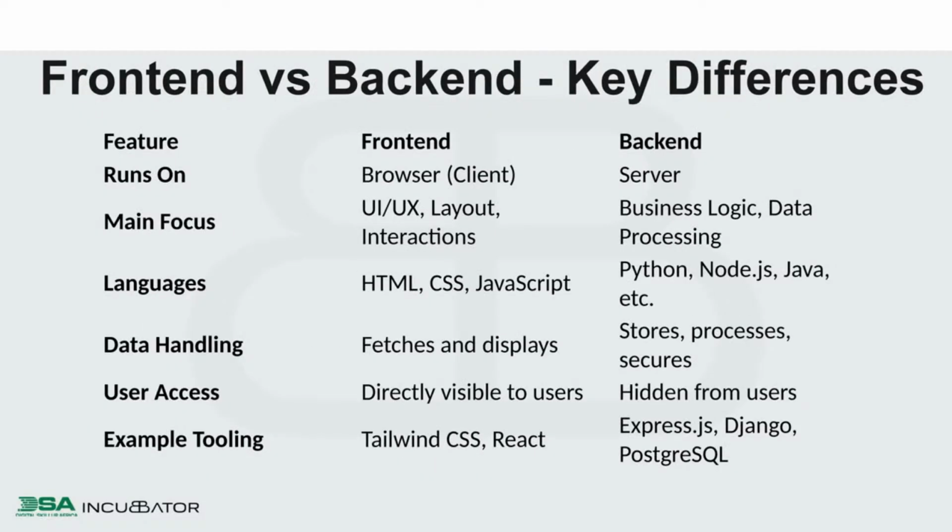So what I have here now is just the basic difference between front end versus back end. So I categorize this difference in terms of what they run on, their main focus, examples of languages, data handling, user access, and example tooling. So in terms of front end, we already know it's for the client. It runs on your what? On your browser.